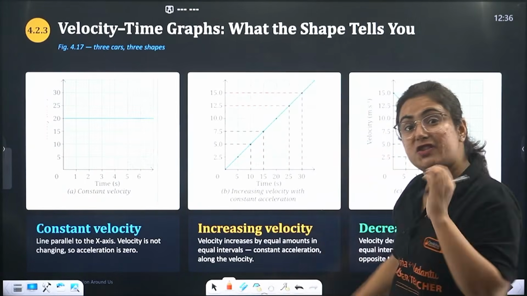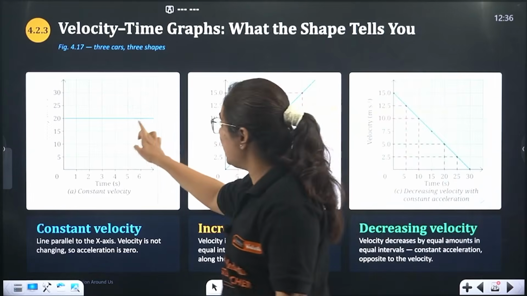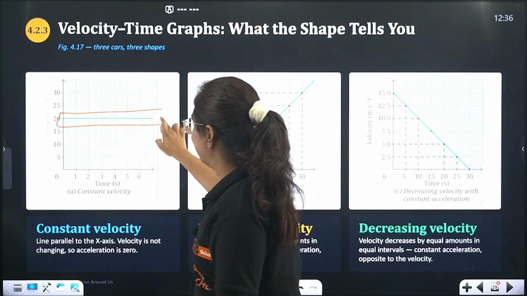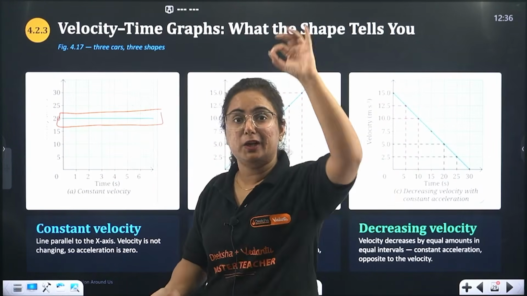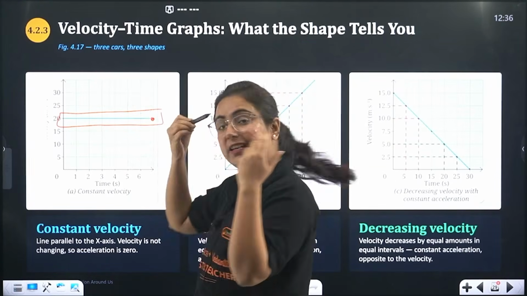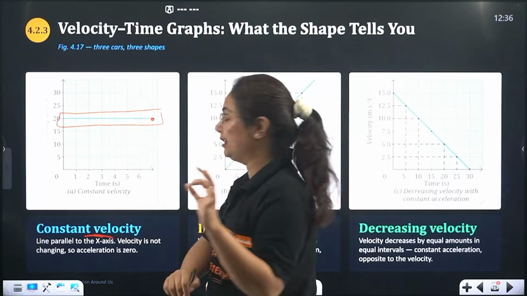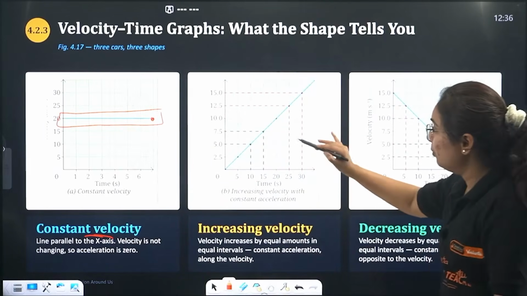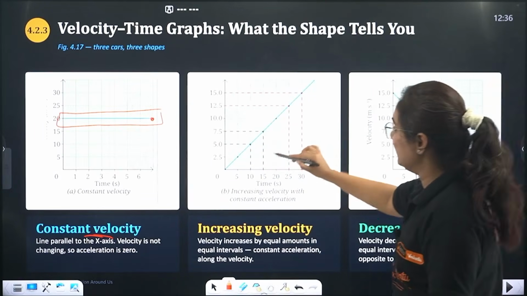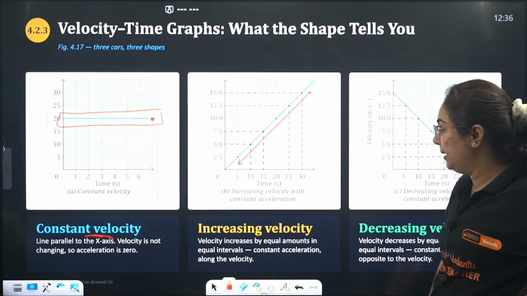Okay, what do the shapes tell us? Basically, this is the question. So here, beta, in the graph where the object started from the same place and reached this and is at the same place only, here it will be constant velocity. But when you move to this graph, you can see there is a straight line graph of an object's movement, beta.